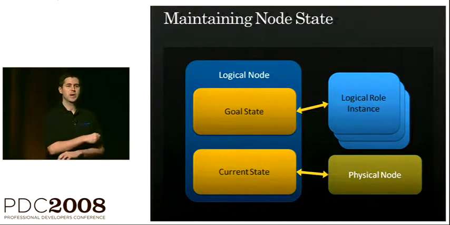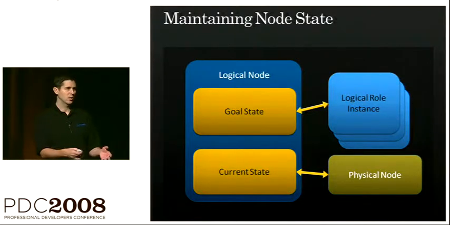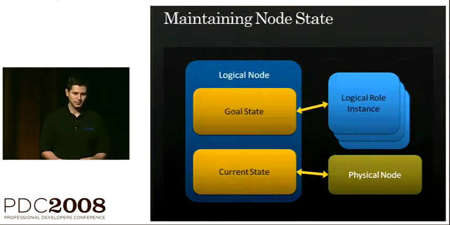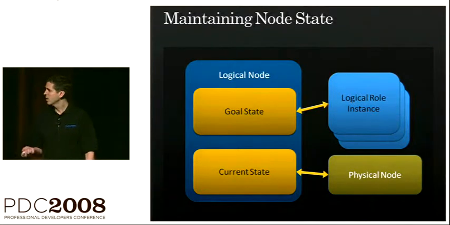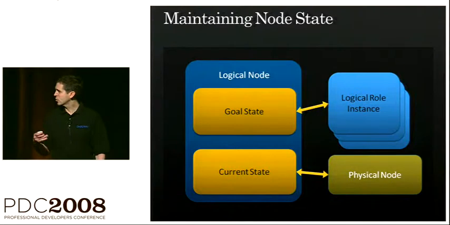So the fabric now, in parallel across all the machines, can start driving that node into the new state it needs to be in to host your service. The other state that we store for each node is basically the current state. And we keep that up to date by communicating with the physical hardware.